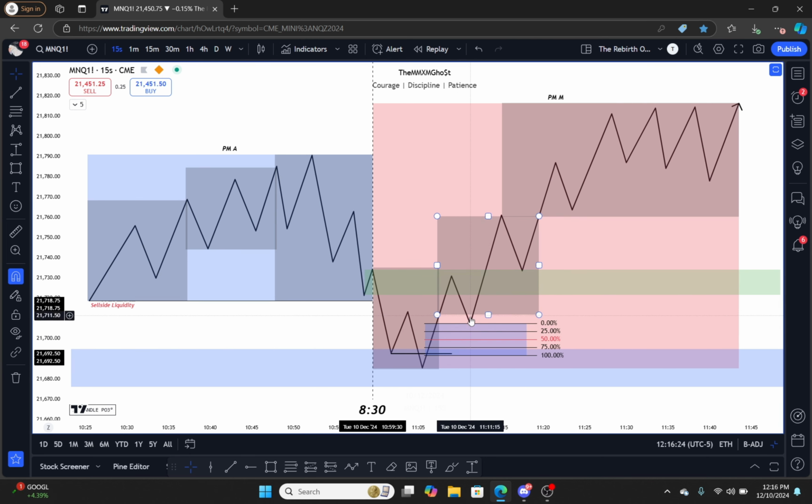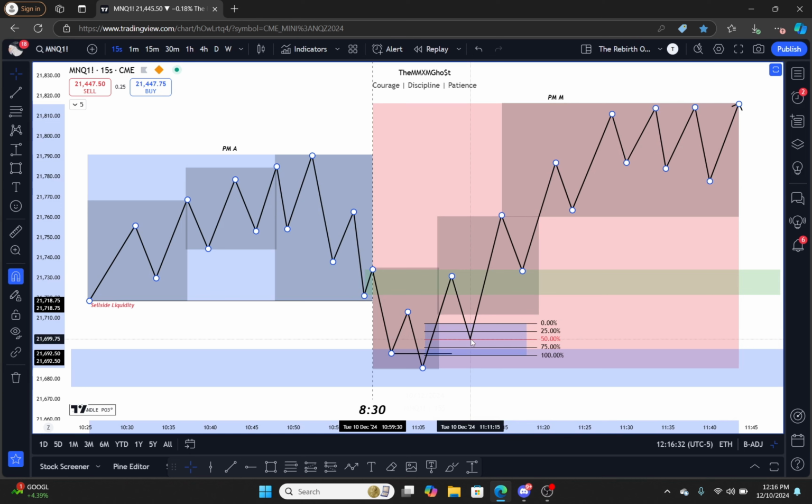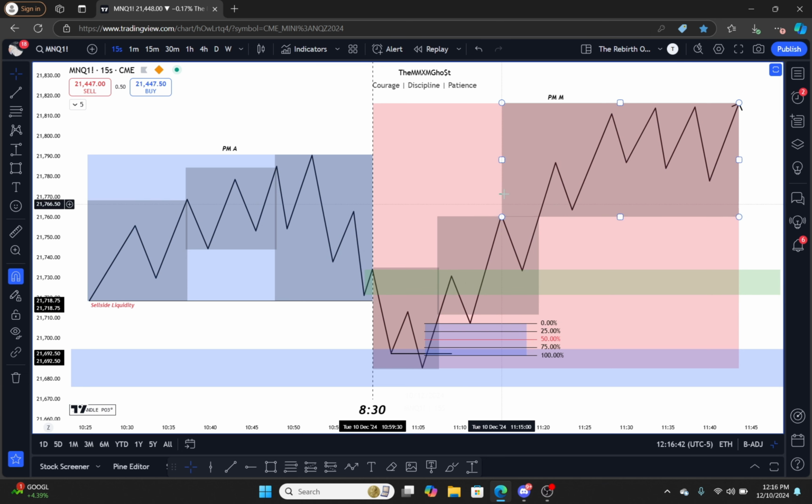Price never drops below even the 25%, or neither does it go into consequent encroachment, being CE. We'd like to see price tap just the top or the upper quadrant of that imbalance, and then see price quickly expand away from it. And that was basically the trade that we took today.